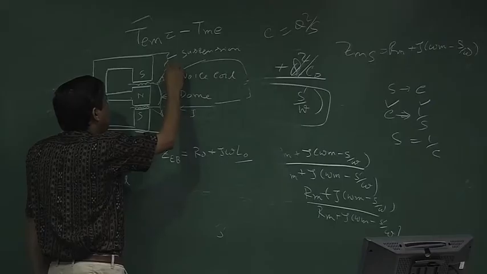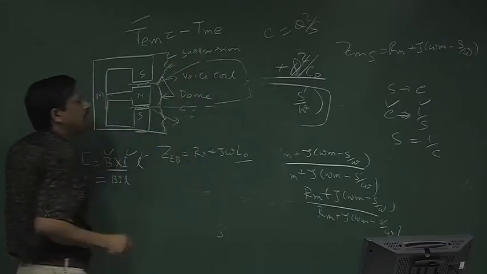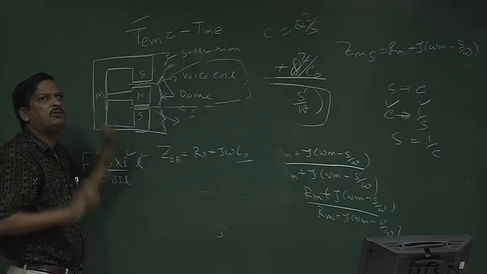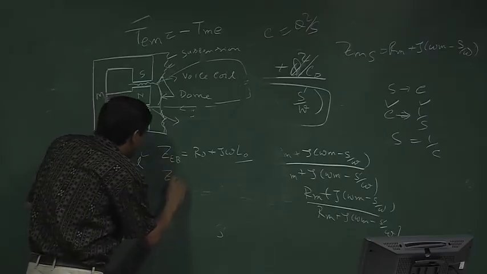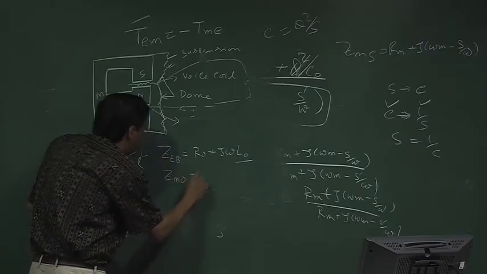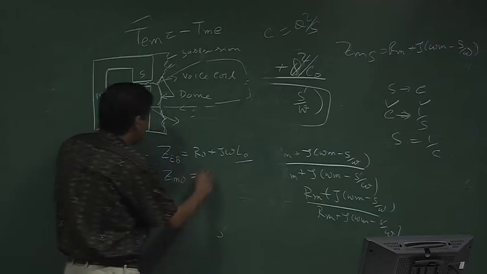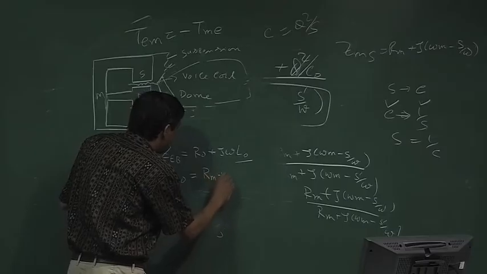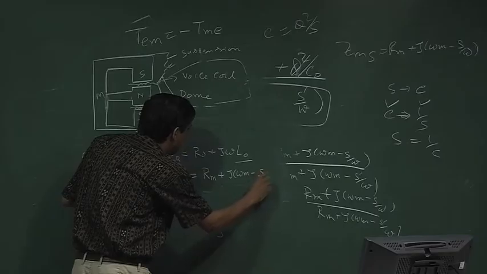From the diaphragm only. If I open the electrical circuit, that means I have not disturbed the mechanical system with an applied electrical voltage, then ZMO, the open circuit mechanical impedance, is nothing but Rm plus j omega m minus S by omega.